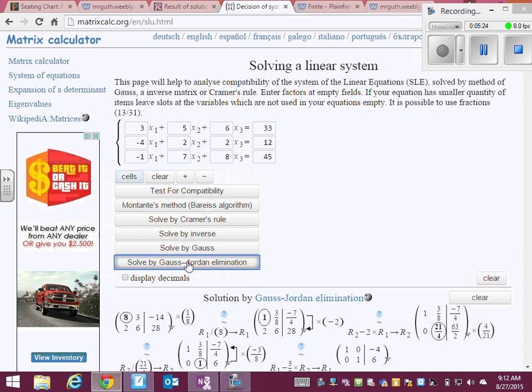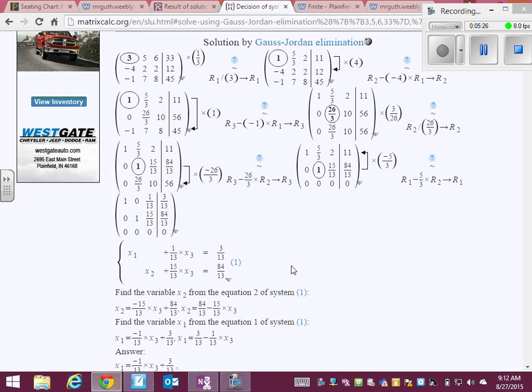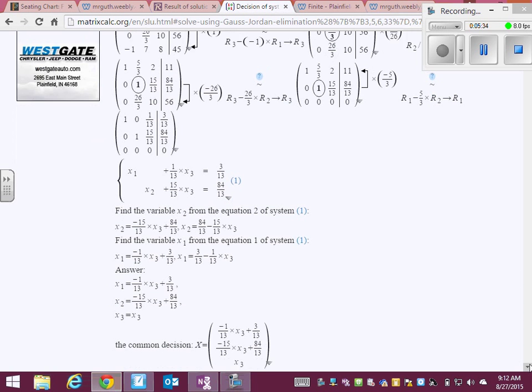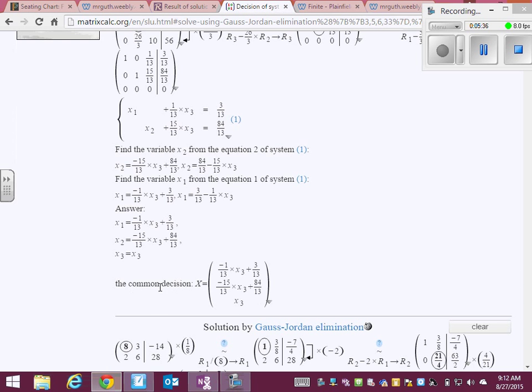I'm going to solve by Gauss-Jordan elimination. And this is really hard to read, but they're taking you through their Gauss-Jordan process. And if you notice, they've got this weird looking thing right here. This is basically the general form of the many solutions.